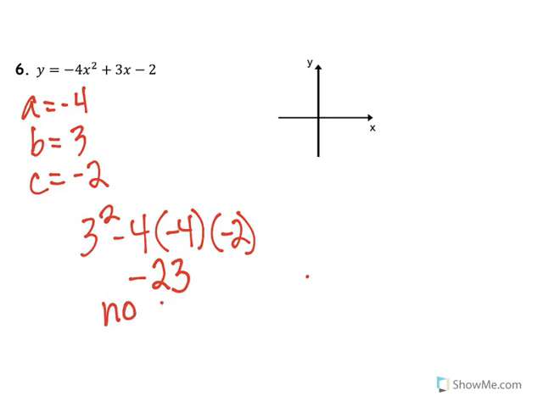No solution. Okay. So no x-intercept means it will never touch the x-axis. But what's my y-intercept?